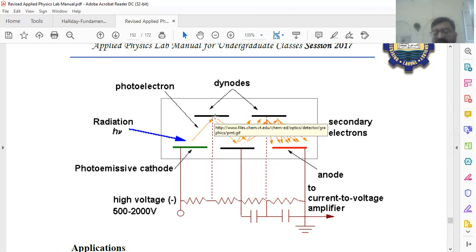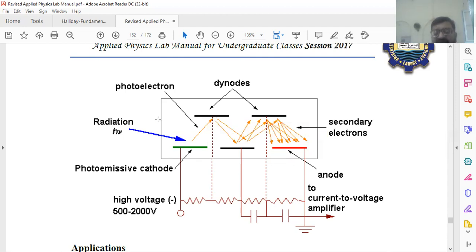When they strike the anode material, they produce further emission of electrons, meaning incident electrons produce further electrons. Those electrons are known as secondary electrons.